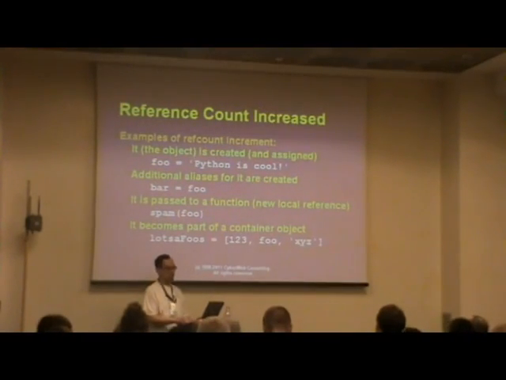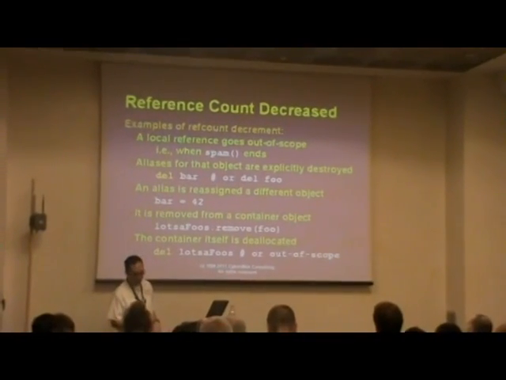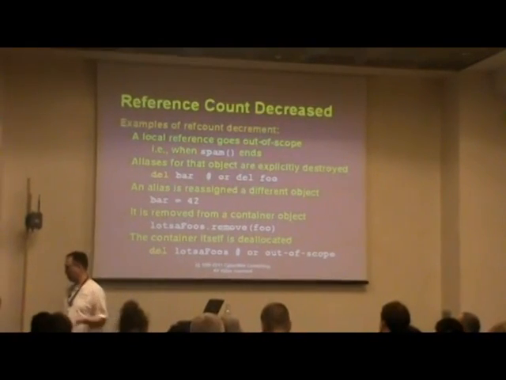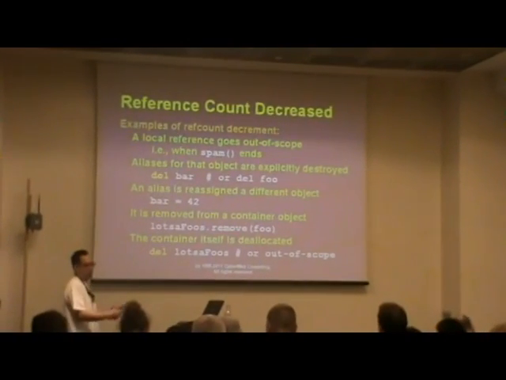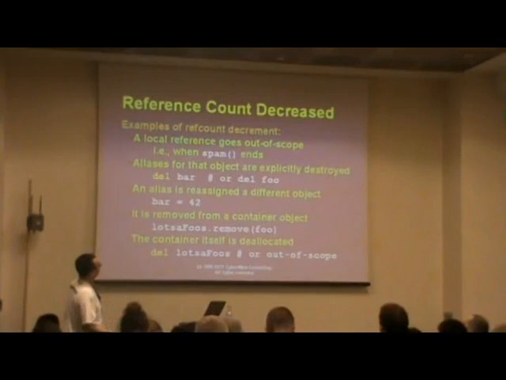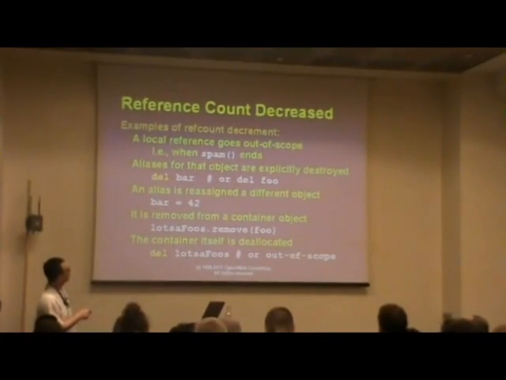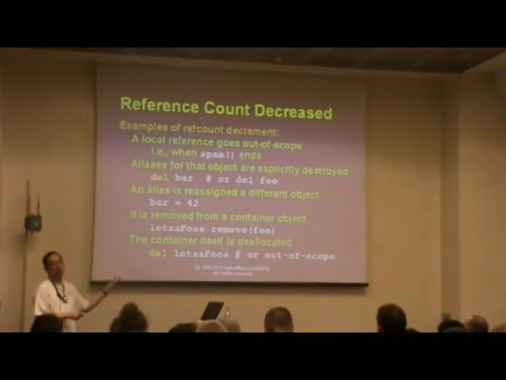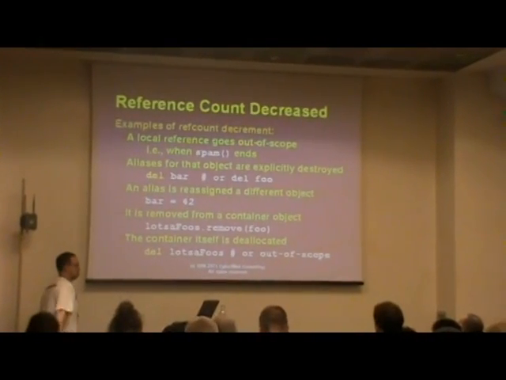All right, now let's talk about when the reference count goes down. In the previous slide, I passed the string to a function, and then the function ends. So that local variable goes away, and that decrements it. I can remove the alias that I made. Remember I did var equals foo, and I can do del var, or del foo, and just remove one of those references, and now my ref count goes down by 1.